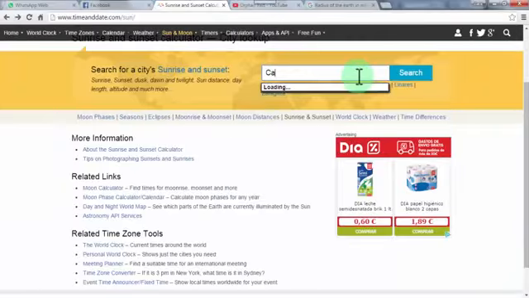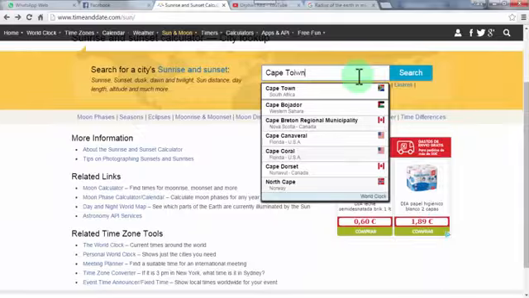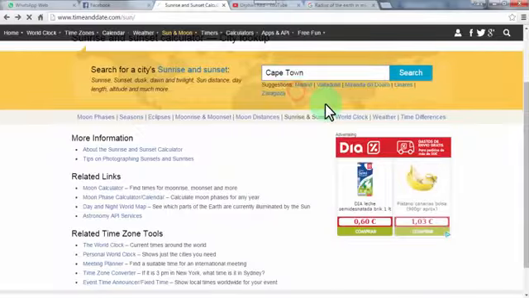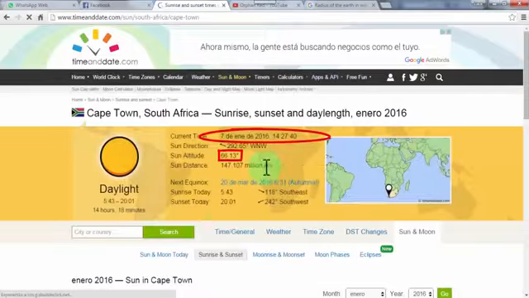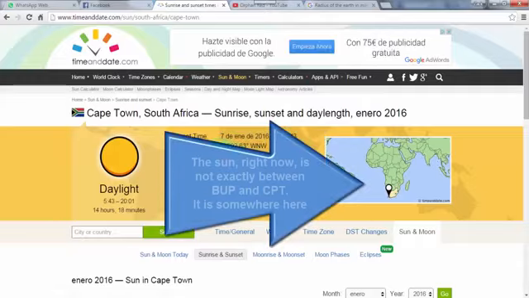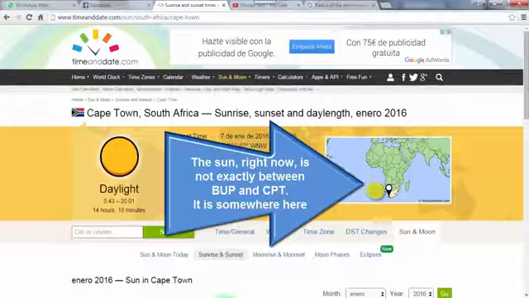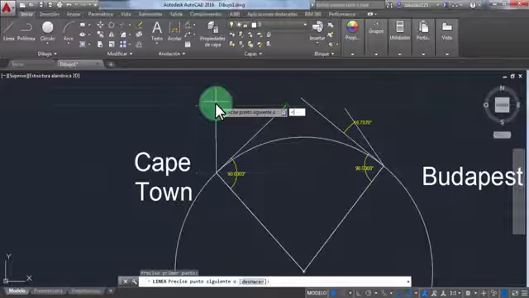Now let's see Cape Town. 66 degrees. Please bear in mind that Budapest is 1 hour behind Cape Town and that the sun right now is not between them. It's somewhere above the ocean, but that's not going to make a big difference.